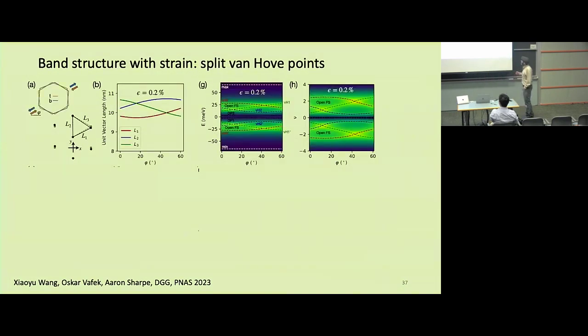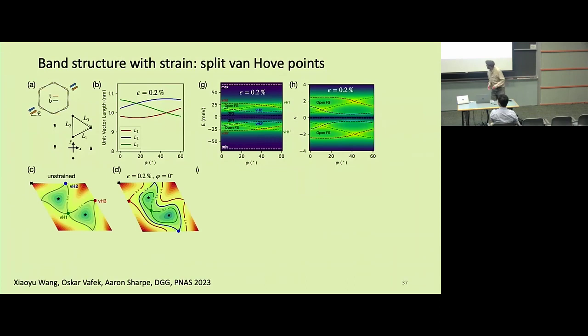As some of you may know, there are 3 degenerate Van Hove points without strain in these systems. But if you apply uniaxial heterostrain, that is, stretch one layer with respect to the other in one direction, then the 3 points are split out to different energies, and what that ends up meaning is that as you fill carriers into here, 2 of the Van Hove points are representing boundaries between having a closed Fermi surface and then a 1D-like open Fermi surface.